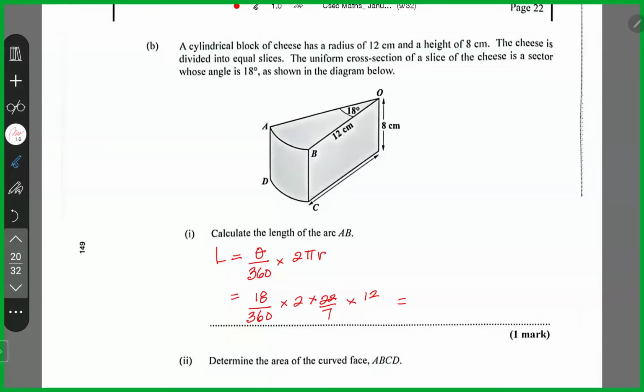So I guess we could just work this out quickly. We could just multiply and divide, or we could do some canceling. 18 goes into this 20 times. 2 into this is 10, cancel this 2. 2 into this is 5, into this is 6. So it's 6 times 22 divided by 7.